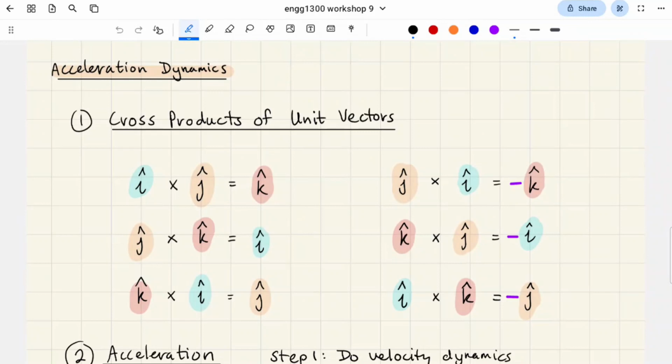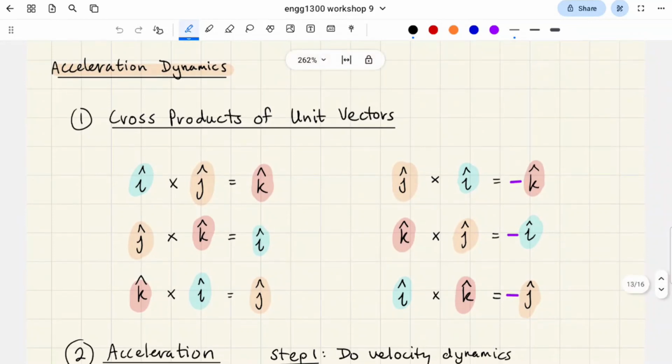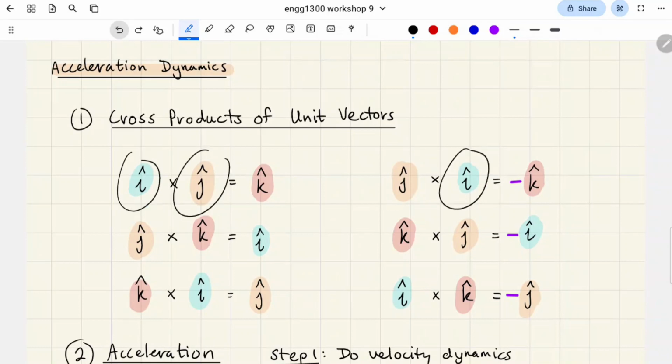So when you cross multiply these unit vectors, you're going to get either a positive or a negative. That's what I've drawn out here: on the left are the positive products, on the right are the negative products, which are just these flipped around.